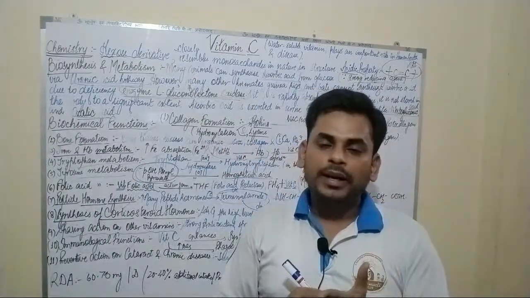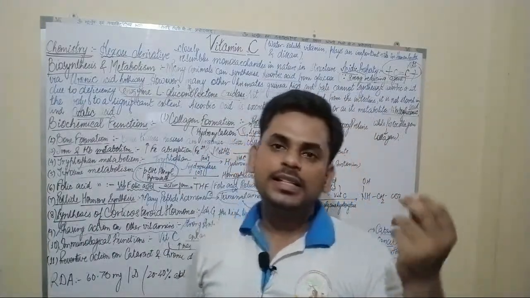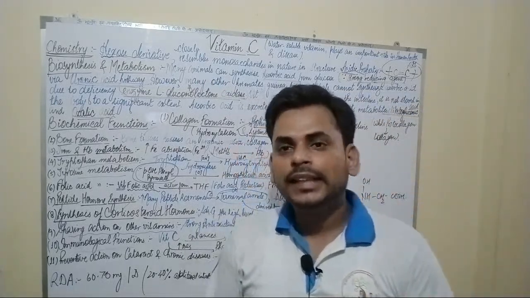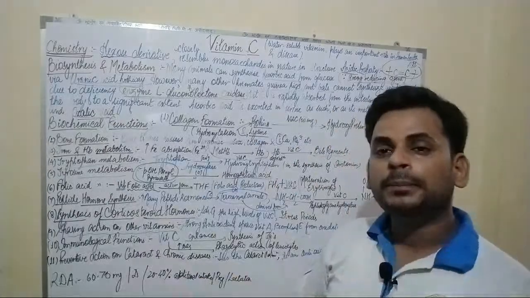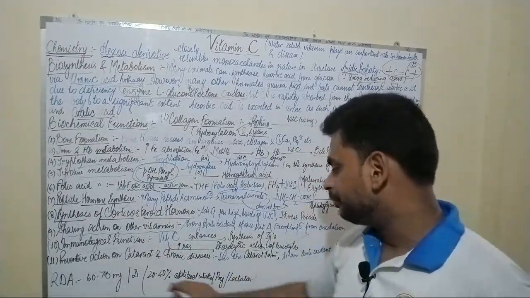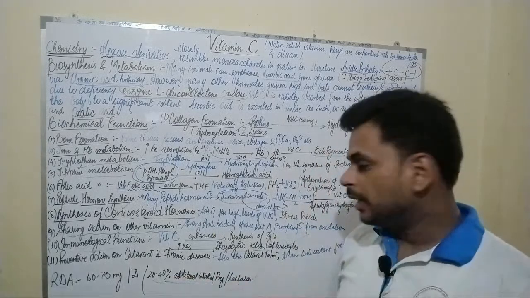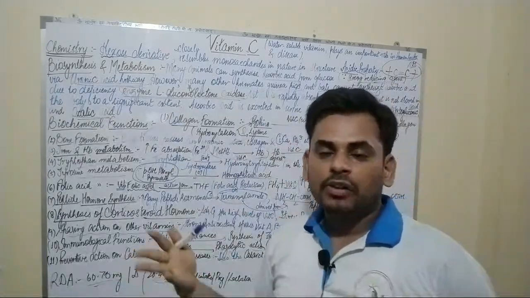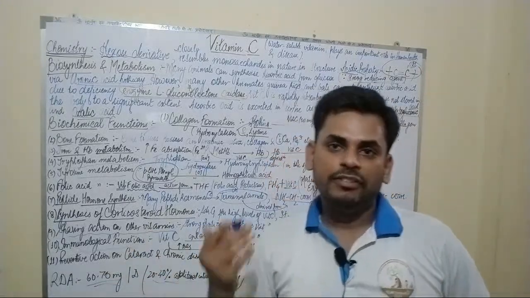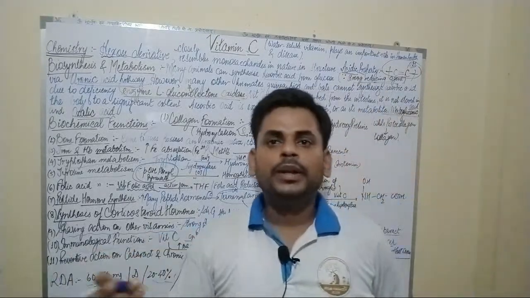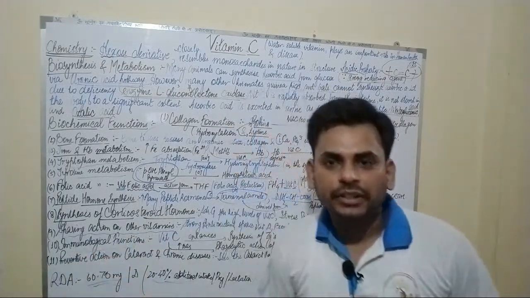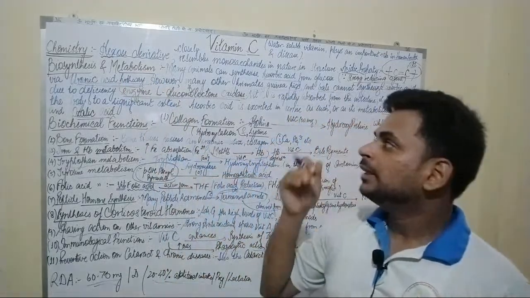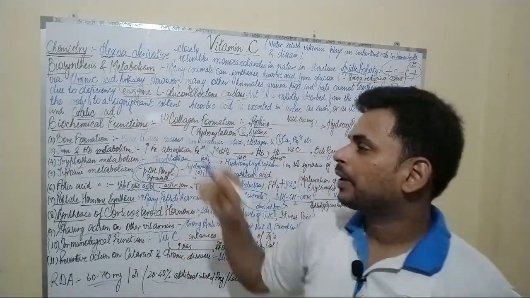So this is the recommended dietary allowance, and in the cases of pregnancy and lactation, 20 to 40% additional intake of this 60 to 70 milligrams is recommended in women who are undergoing pregnancy or during the periods of their lactation. So this was about the chemistry, the biosynthesis and the metabolism I have discussed, and the biochemical functions.